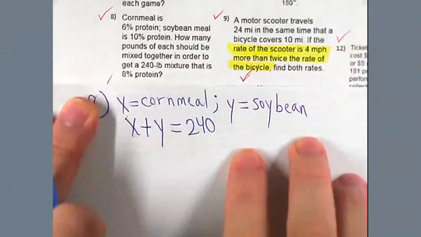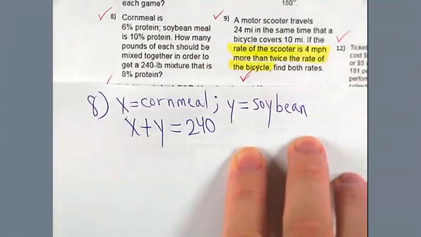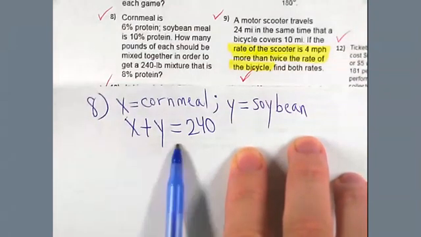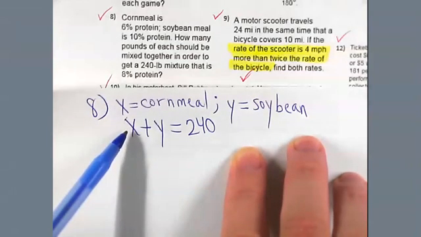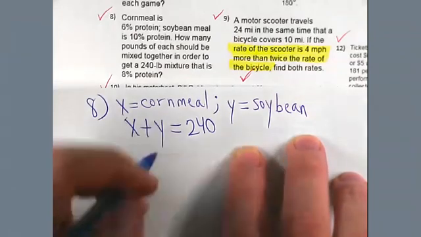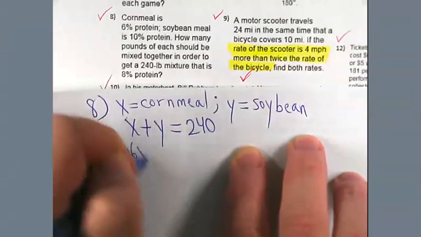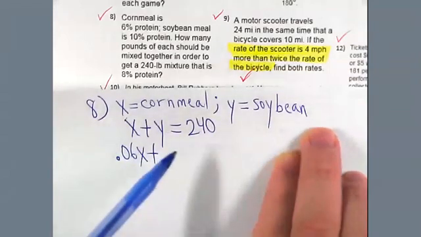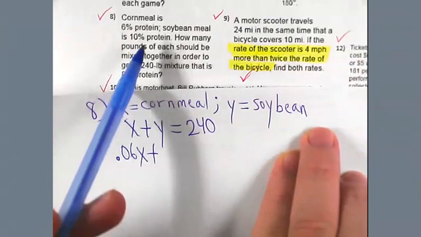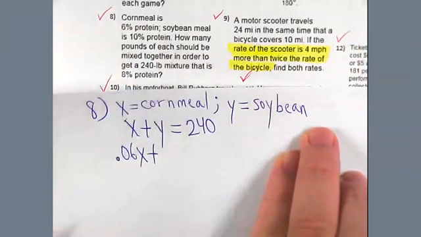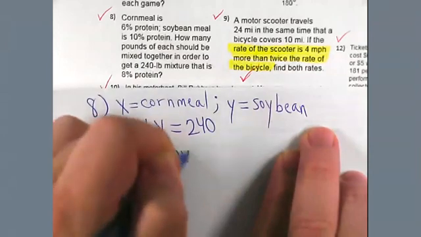Now the second equation in our system is where you use the same equation as the first one, but you incorporate the percents now. With the cornmeal, that's 6% protein, or 0.06x. The soybean is 10% protein, or when you change the percent to a decimal, 0.10y.